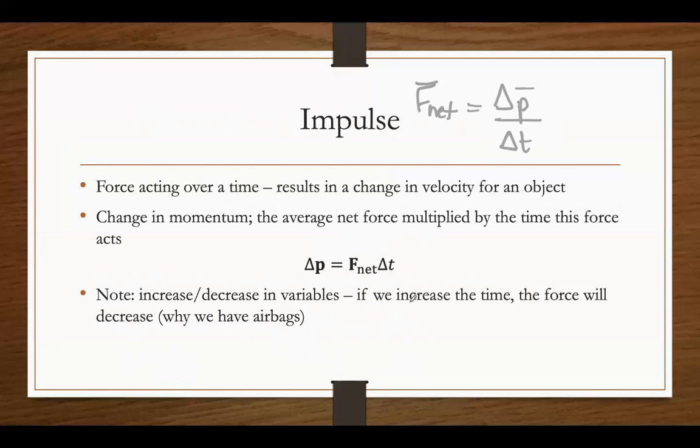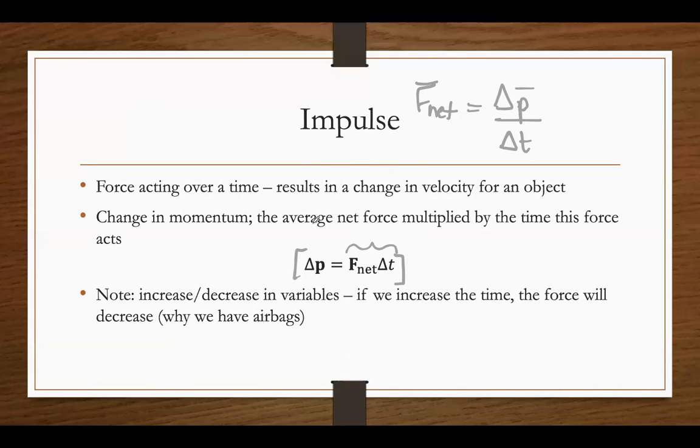So we solved for our change in momentum, and that is now equal to our F net times our delta T. This quantity is called impulse.